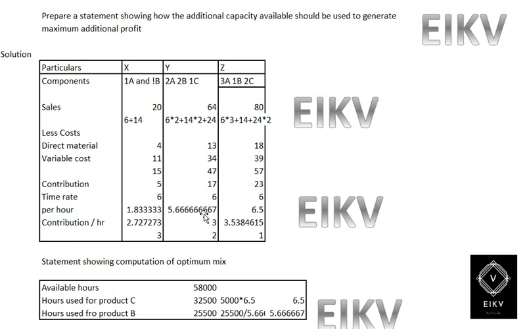So therefore the ranking will be 6.5 as 1, 5.6 as 2 and 1.8 as 3.